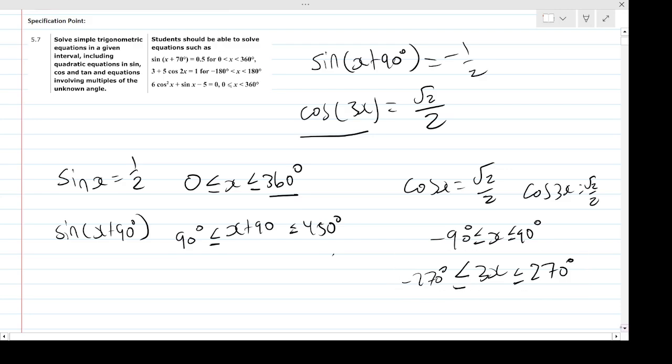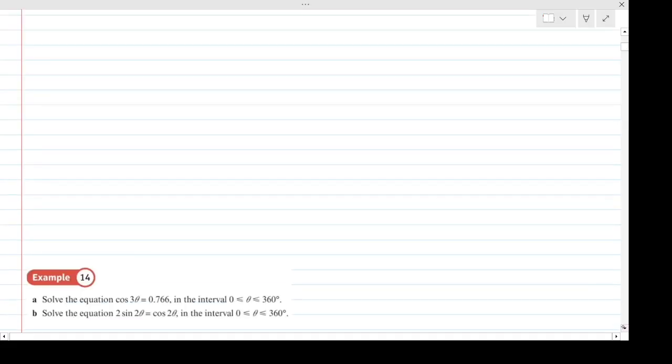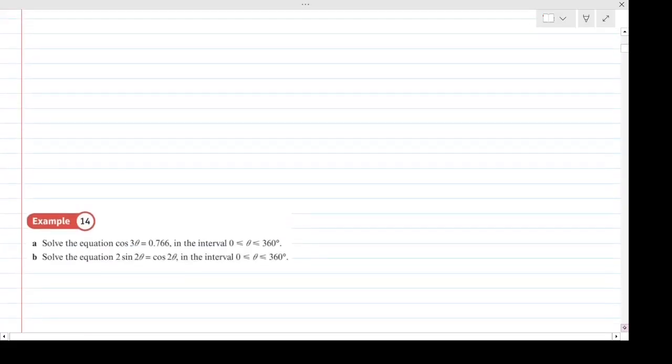Once we adapt our interval, it's pretty much exactly the same. But yes, we're going to look at some examples now to put that into practice.